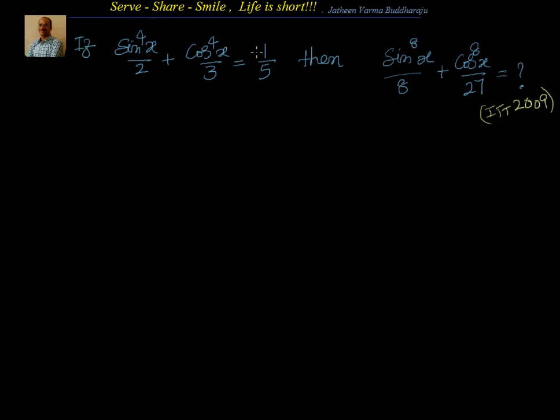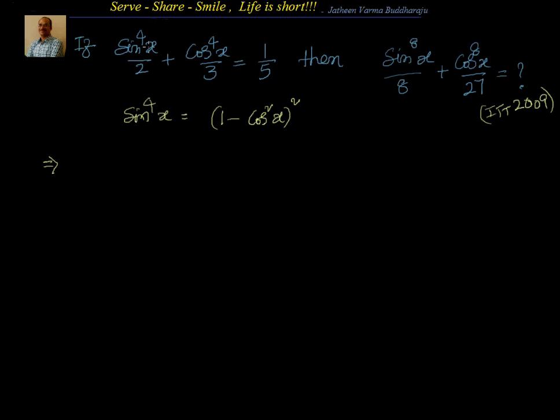Suppose I want a quadratic equation in cos square x. Then I will convert sin to the power of 4x as sin square x whole square. So can I write it as 1 minus cos square x whole square? Then it will become a quadratic equation in cos square x. So let's go ahead and do that.